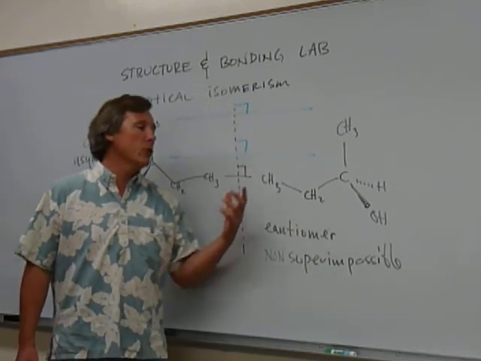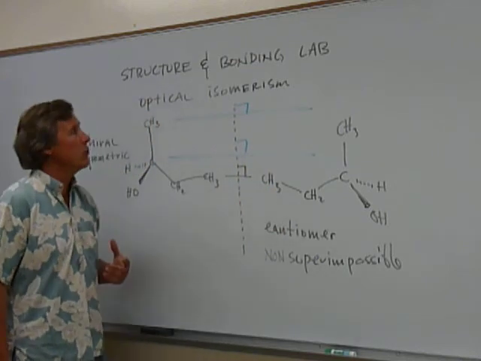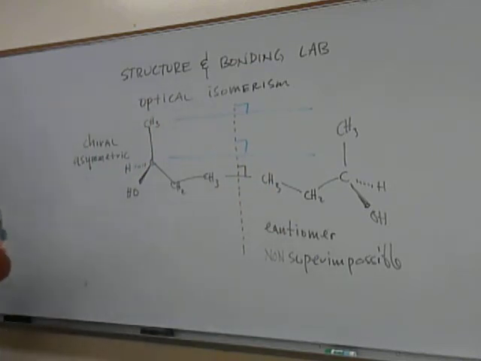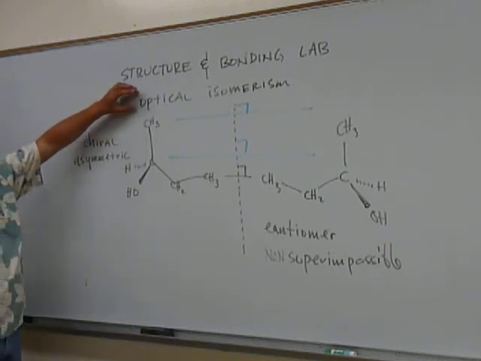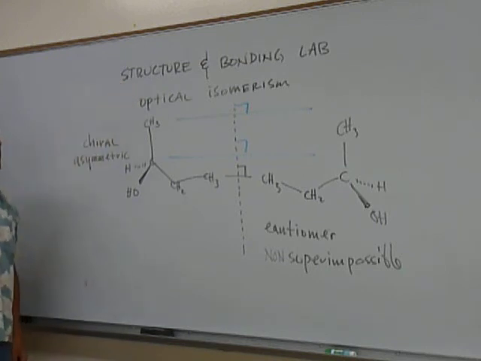Again, these enantiomers, or the concept of enantiomers, was discussed in general chemistry when you looked at octahedral complexes. And later we'll discuss what this term optical activity means later in the semester.